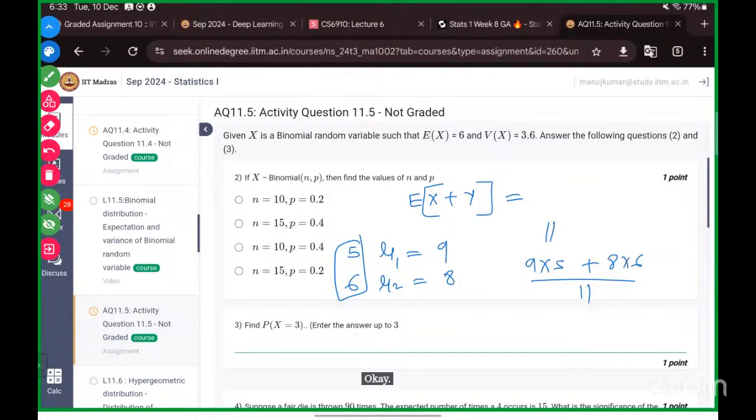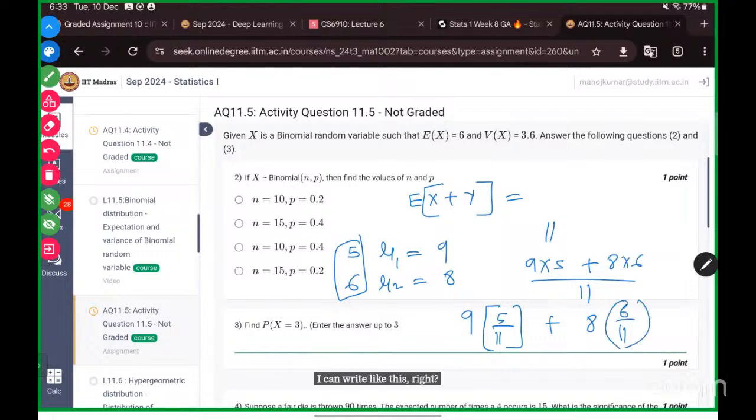Now if you see, this was the mean of the first one and this was the mean of the second one, and I can write it like this. So this is how you can also write the mean. And actually, what is the expectation?